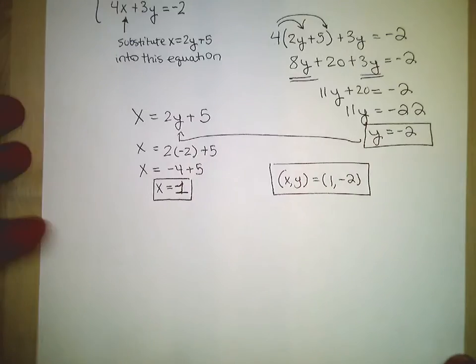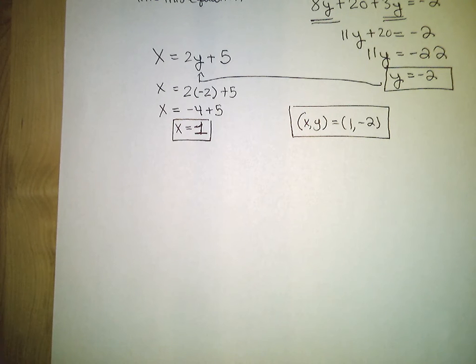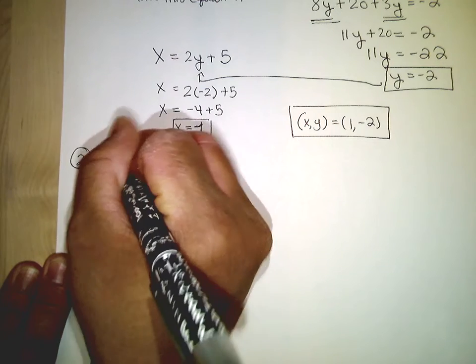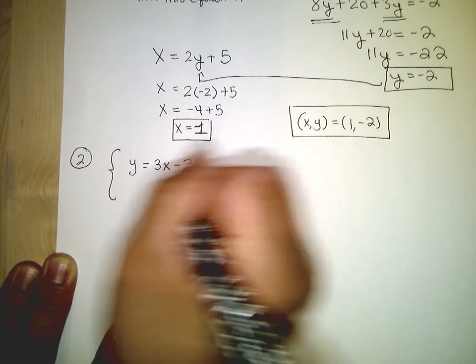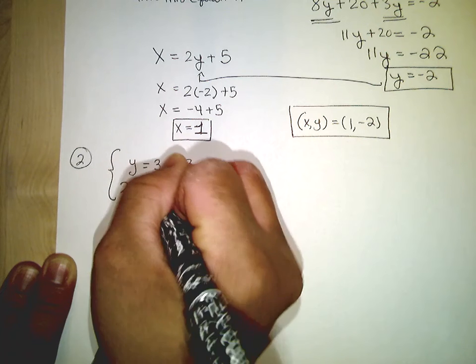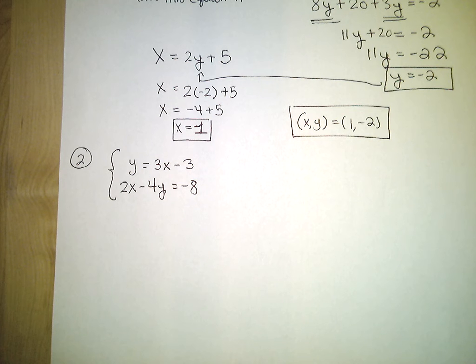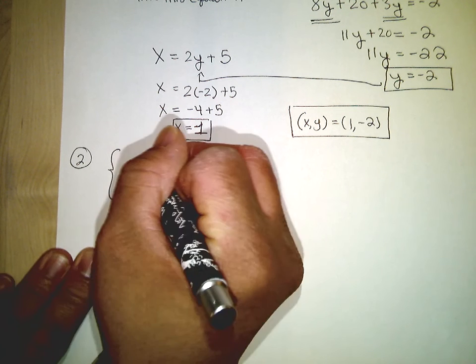So why don't we do another example here, and let's try this one here. y is equal to 3x minus 3, and 2x minus 4y is negative 8. Again, the first equation is already solved for one of the variables.